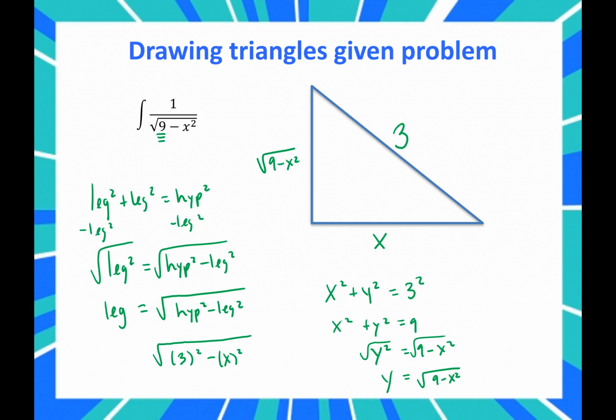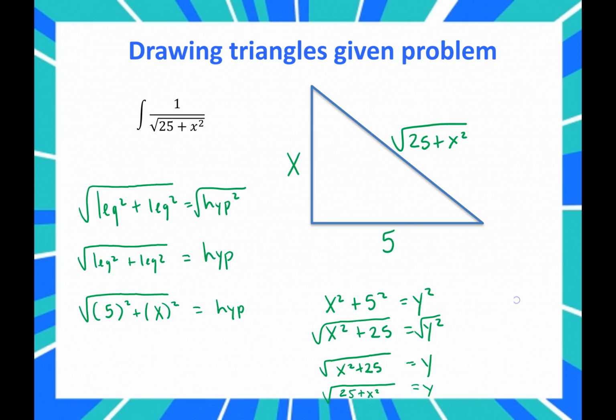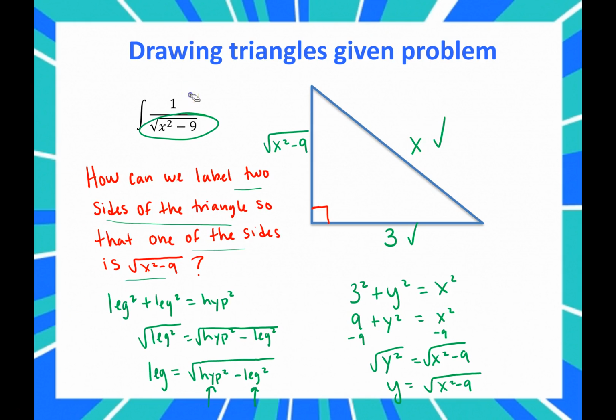Sweet. So if we were going to memorize something like this, let's look at the 3 cases. The first case is when we have a subtraction. When we have a subtraction, this is going to be your hypotenuse squared minus your leg squared.